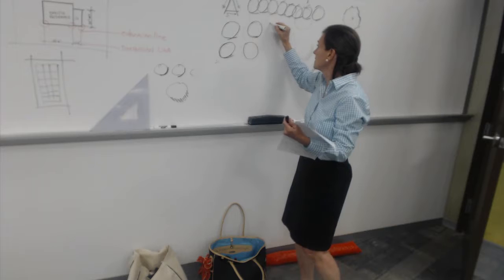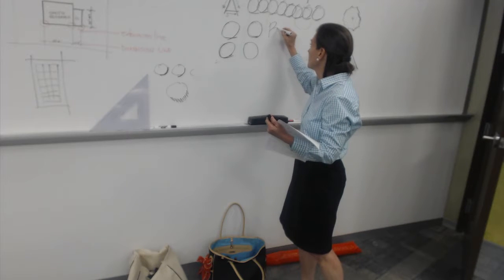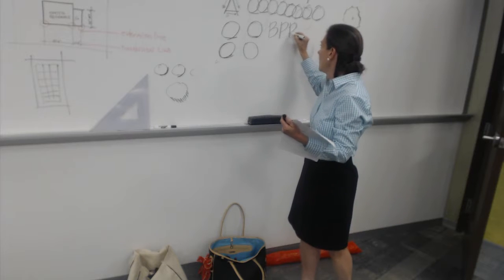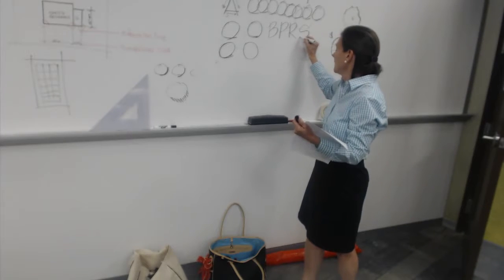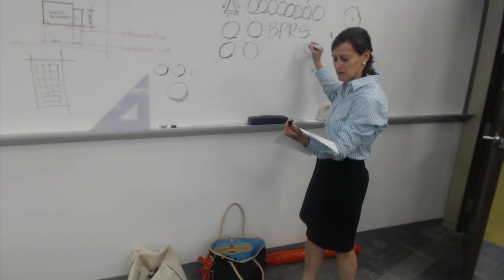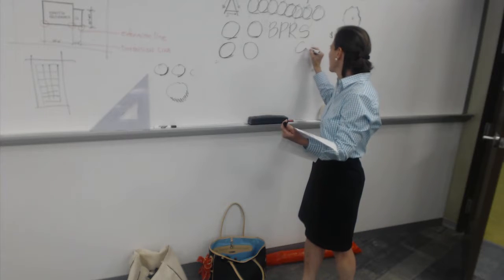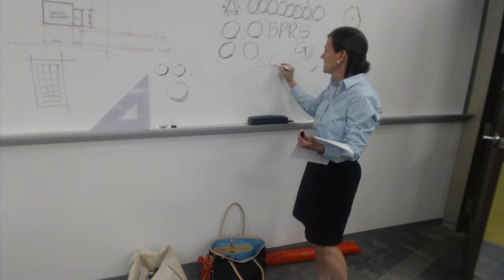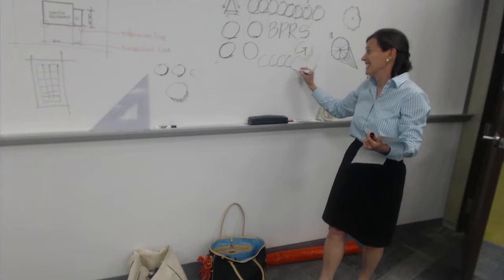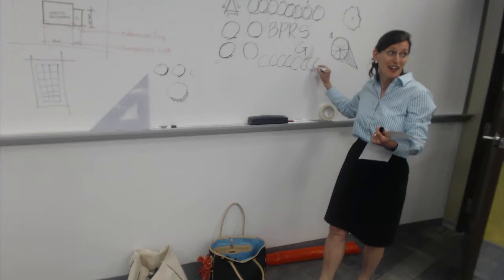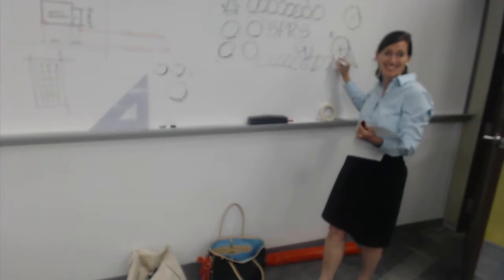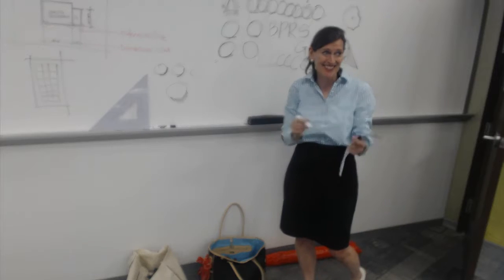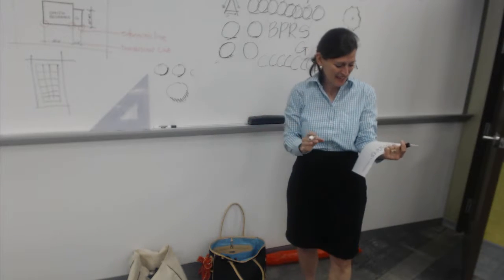That then translates into the shape of the B and the P and the R and the S and the G. G, thank you. And Q. So I would love to see a page of this, and I'm so sorry, but that's what it takes. It's a learned skill. You all can do this.